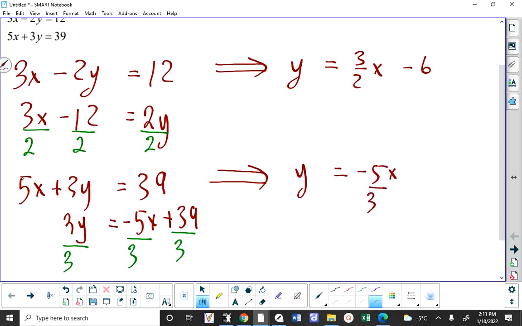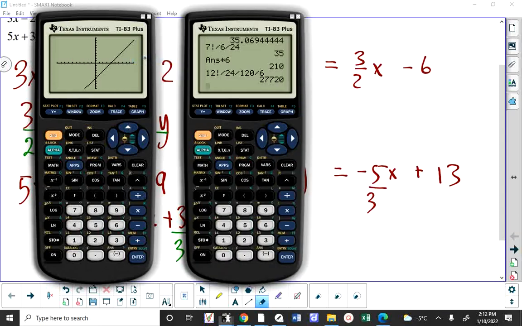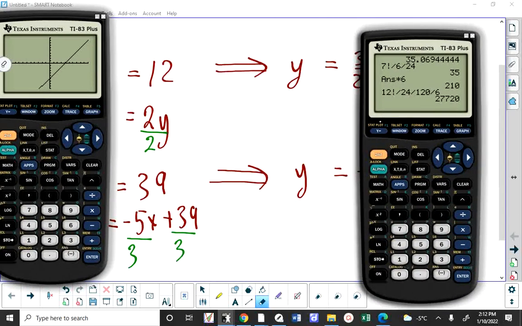Negative 5/3 x plus, is my division correct? 13. So bear with me here, I want to try something different. I've got my first equation plotted on that calculator.